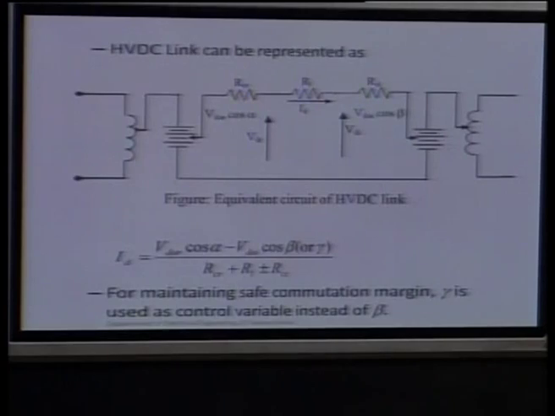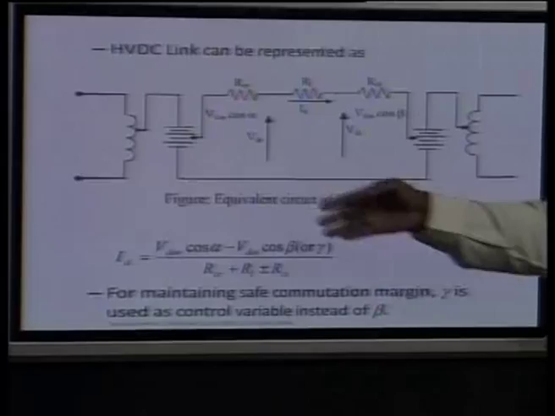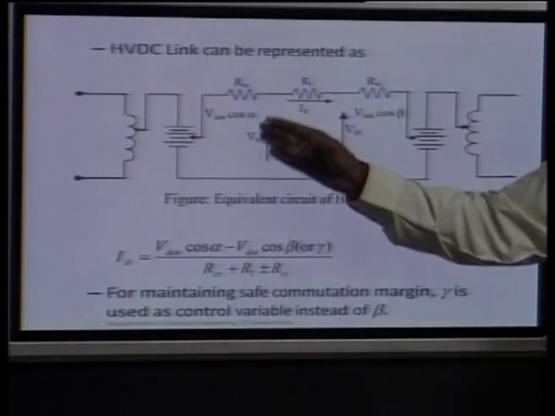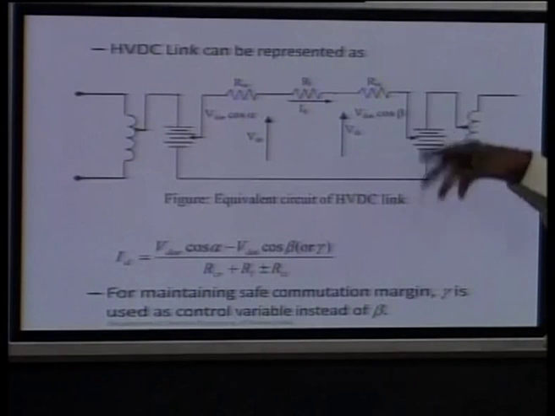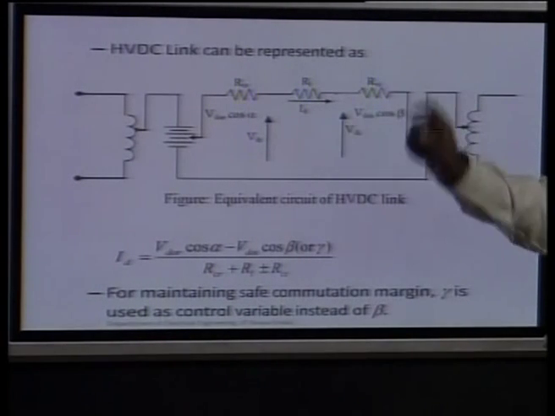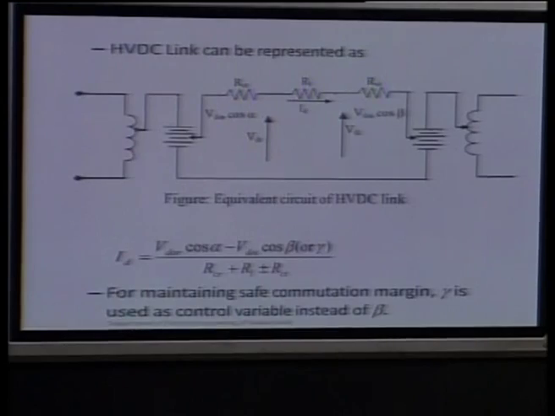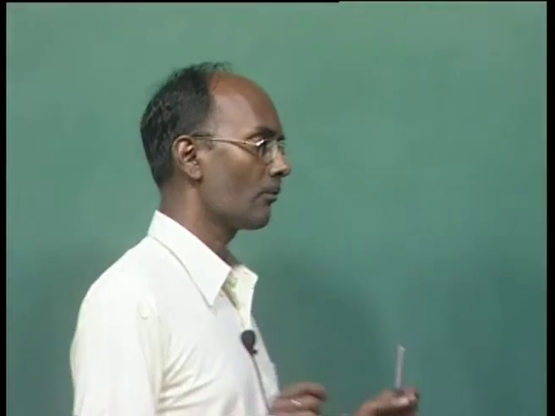But we know our system voltages keep on changing, and due to these changes in voltage, the firing angle alpha as well as gamma should be controlled, so that we can operate with constant current in the DC link. Already we discussed why we are going for the constant current controller rather than power controller. Again I will explain later on why we are not going for the power control, why we are going for the current control.